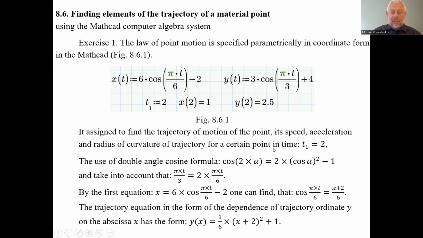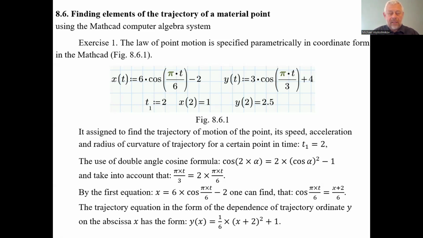And as well, for the initial time we can find the coordinates of the point, find the point velocity components, find the acceleration of the point and its components in the coordinate system, and as well in the moving coordinate system associated with the point. That is the natural assignment. So let me repeat: it is assigned to find the coordinates of the material point.